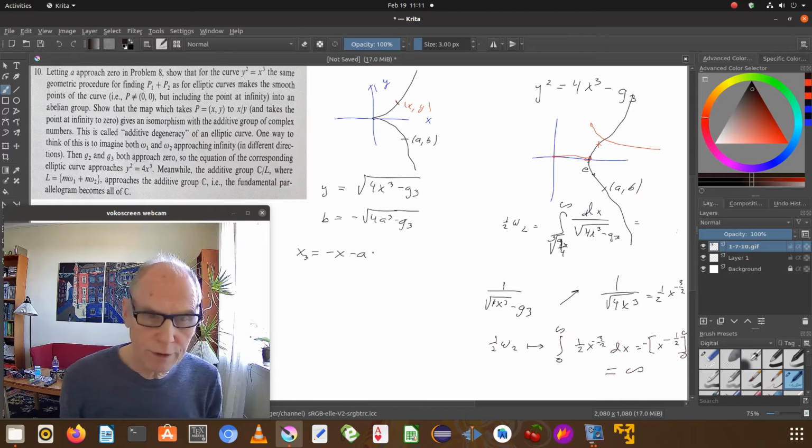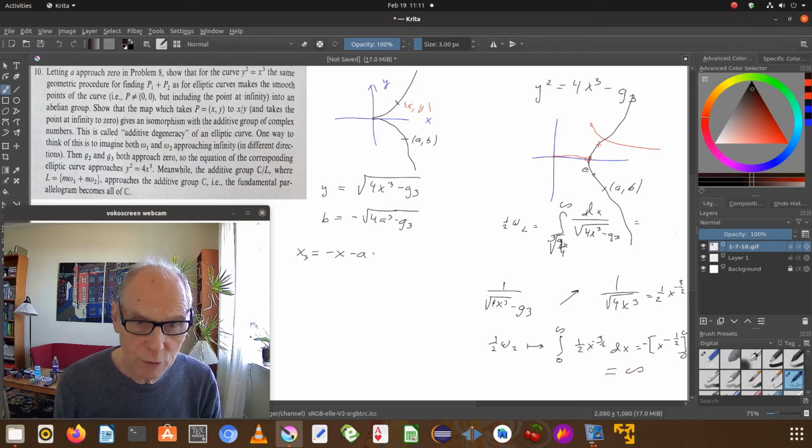Here it is, and that's assuming they're different. That's 1 divided by a, which equals 4. And then b minus y divided by a minus x squared.